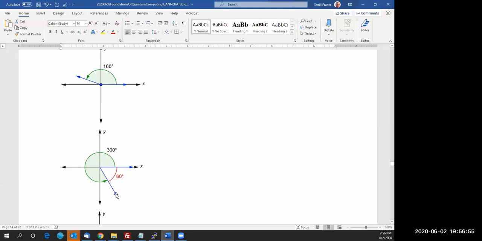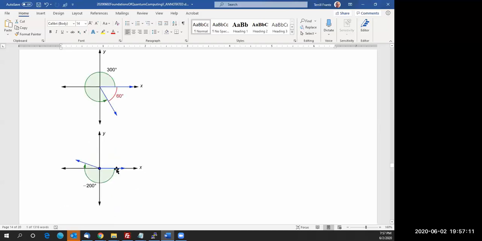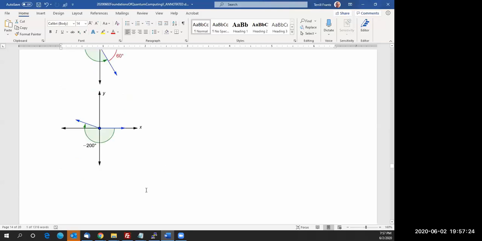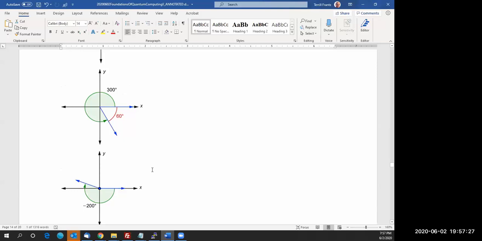So if I had a point here, theta would be 300 degrees, but you could also say this same point would be minus 60 degrees because you go this direction 60 degrees. By the same token, you could go minus 200 degrees, or you could go 160 degrees. So that's something to keep in mind there. The direction, the minus or the positive direction doesn't really matter in our case, but they are the same thing.